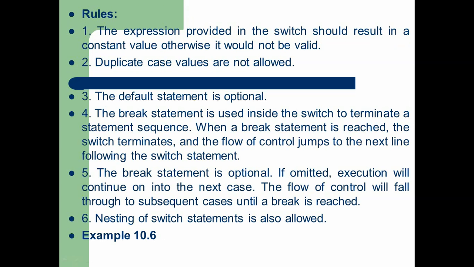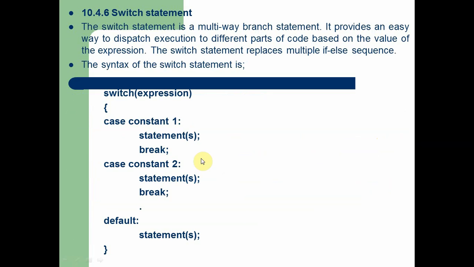Rule number 4: the break statement is used inside the switch to terminate a statement sequence. When a break statement is reached, the switch terminates and the flow of control jumps to the next line following the switch statement. Here you can see at the end of each and every case we use a break statement. In the first case we use break, in the second case we also use break. We use the break statement to terminate the flow of the switch.